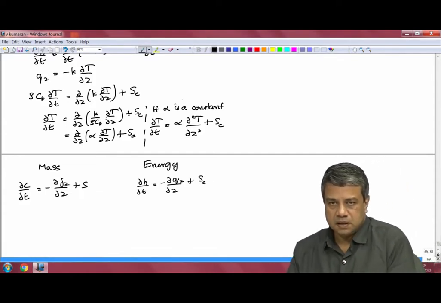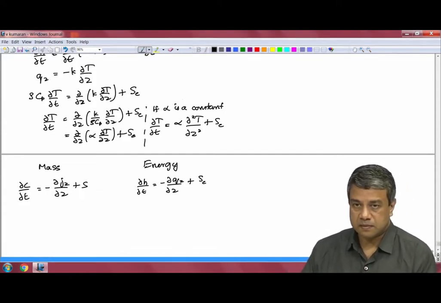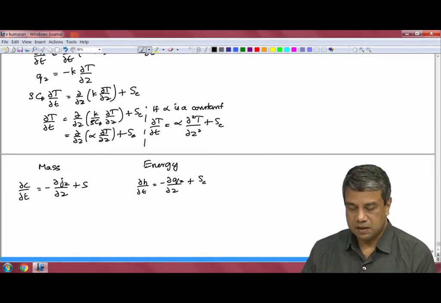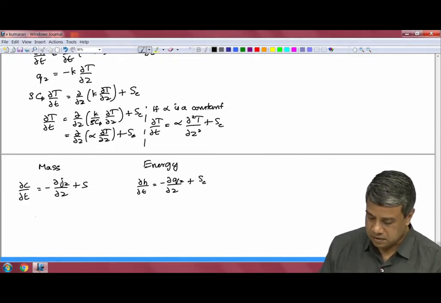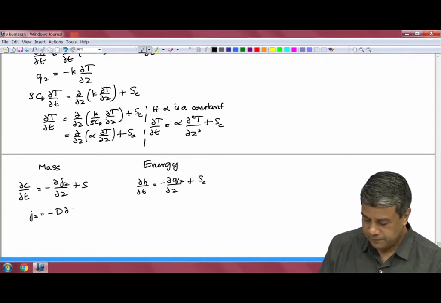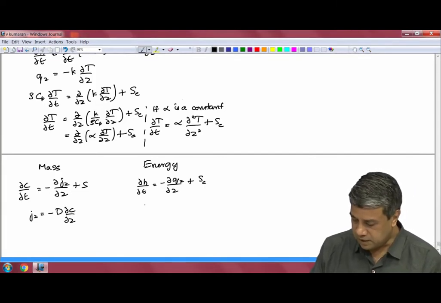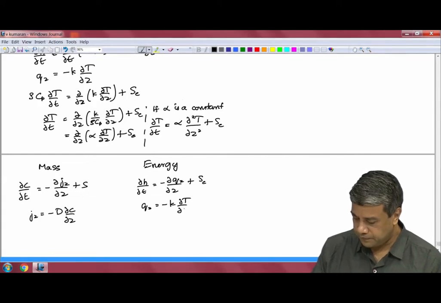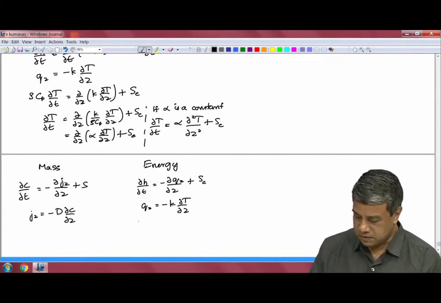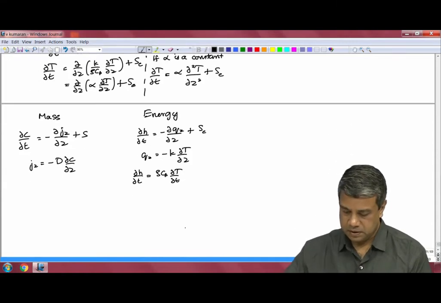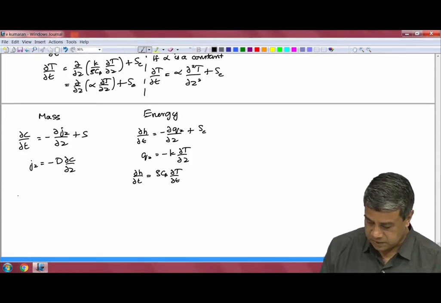This is what you get from the differential balance. And here you have to use the constitutive relation, Fick's law for diffusion or Fourier's law for heat conduction, and in this case also I have to substitute for the enthalpy density in terms of temperature. And then I will get differential equations.